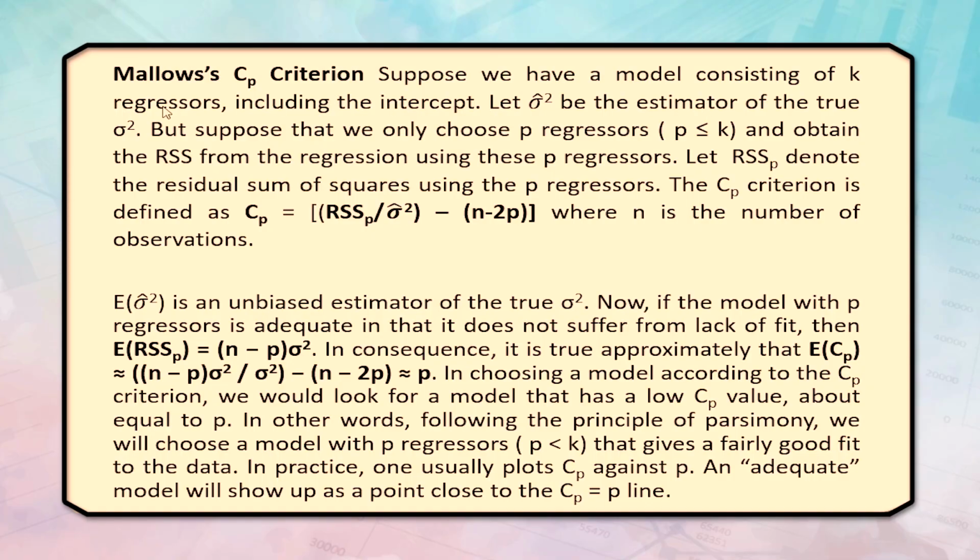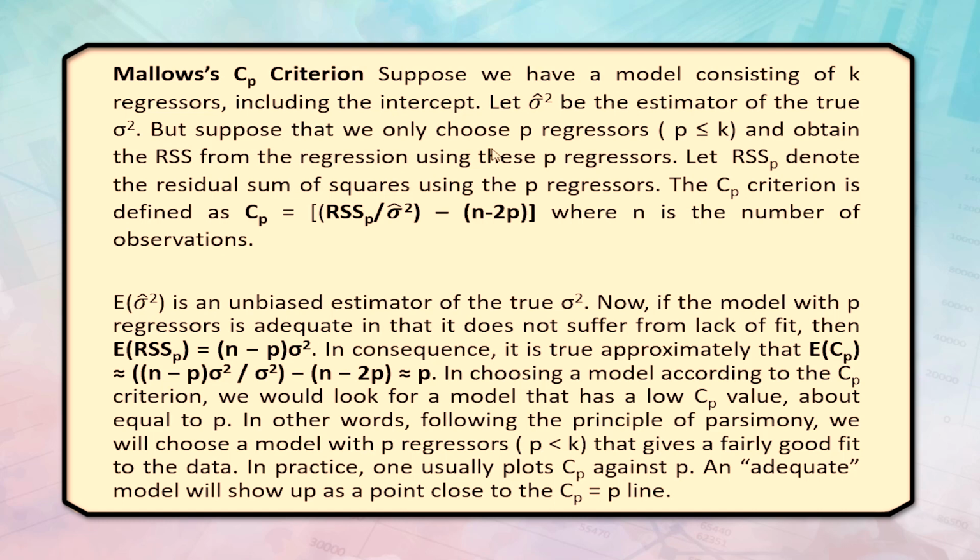So, we have seen the four criteria, namely R square, R bar square, AIC and SIC. We will also consider two more such criteria, namely Mallow's Cp criteria and forecast chi-square. So, let us now focus on what is Mallow's Cp criterion. Suppose we have a model consisting of k regressors including the intercept, and sigma square hat is the estimator of the true sigma square.